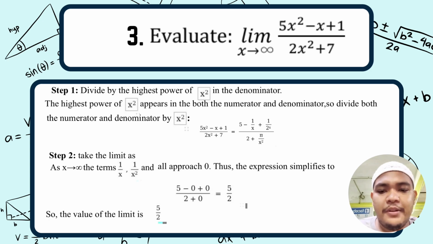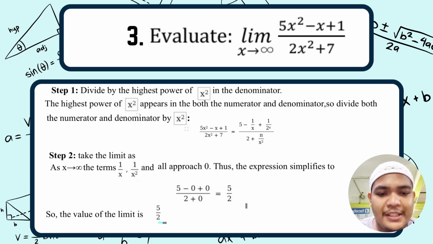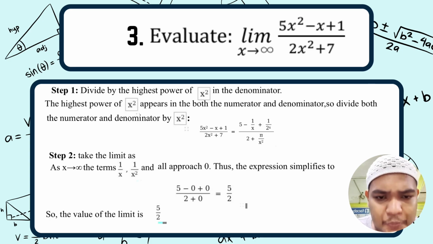So divide both the numerator and denominator by x squared. The expression becomes (5 minus 1 over x plus 1 over x squared) over (2 plus 7 over x squared).